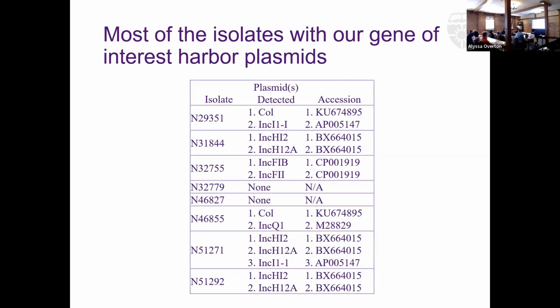So we went through these different isolates we were looking at that we had asked the FDA to send. We went to the genomic data they had published. We ran it through PlasmidFinder, and sure enough, most of them have plasmids. And so the thought was, as soon as the isolates arrived, we would just do a direct transformation.